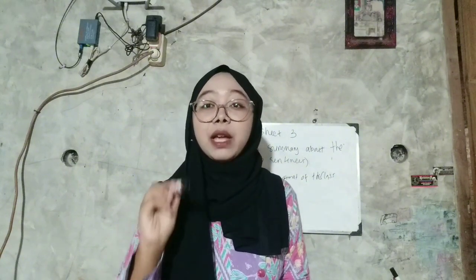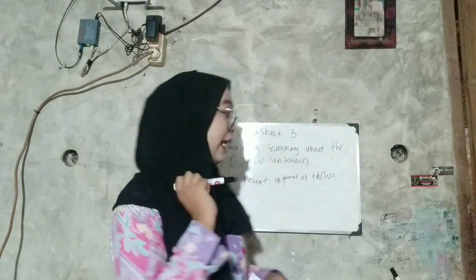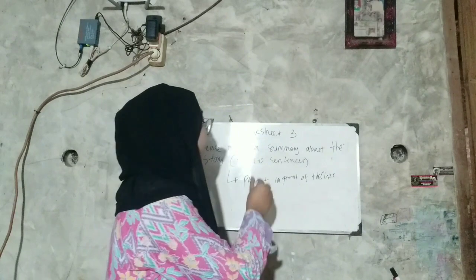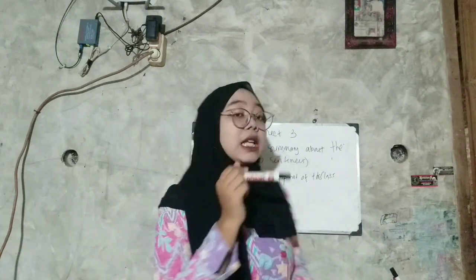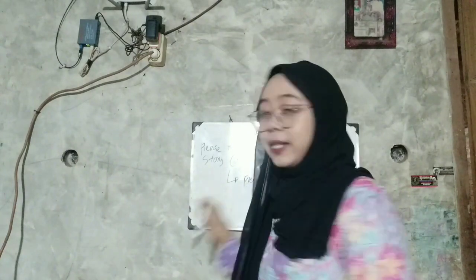The story is about Bawang Merah and Bawang Putih. After that, please present your summary of the story in front of the class and read it. Okay? Please pay attention to the video about Bawang Merah and Bawang Putih and then answer worksheet 3.